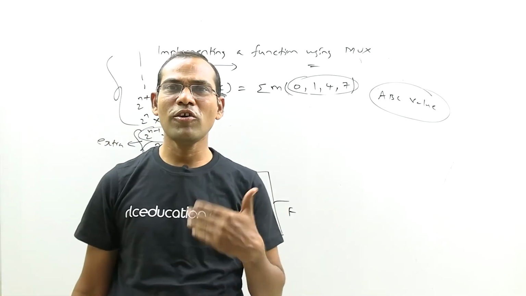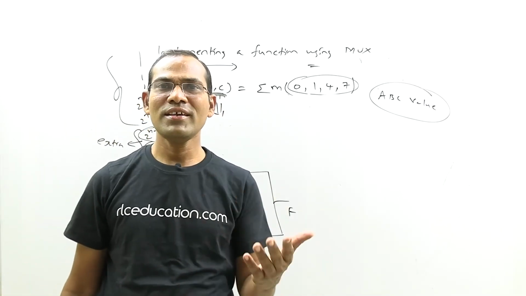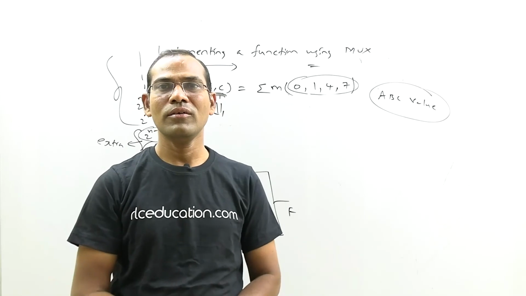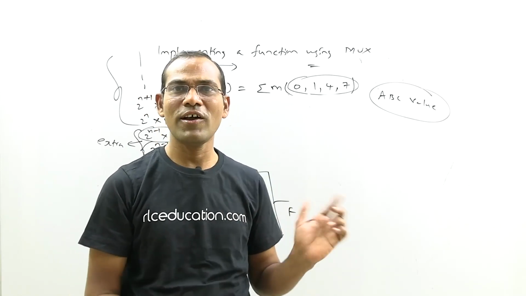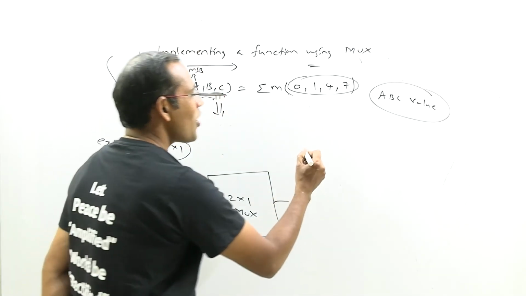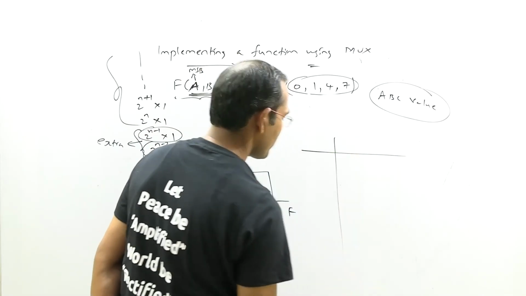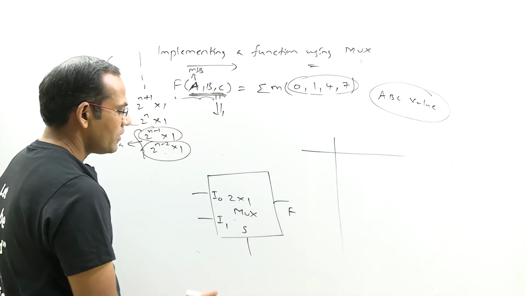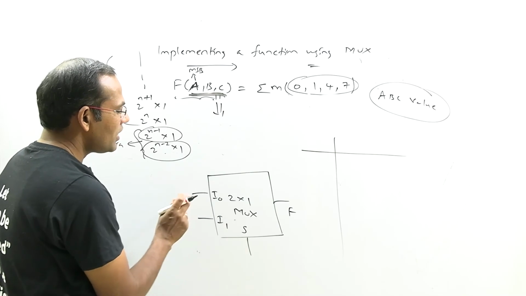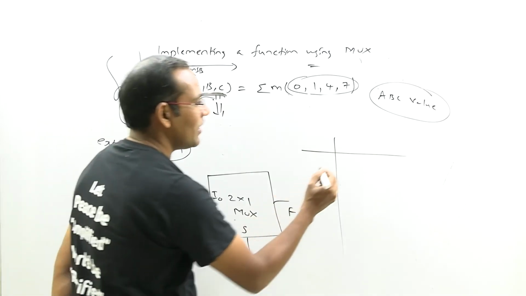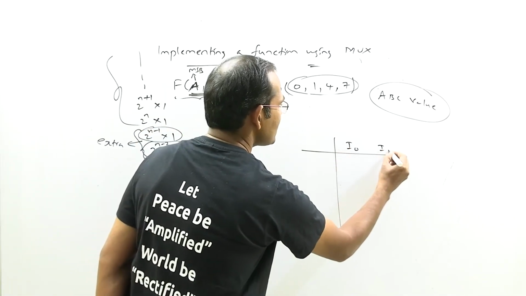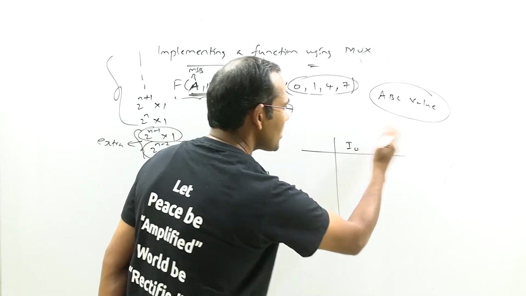The procedure we followed for 4 by 1 is we formed one table and we circled. Follow the same procedure. We form one table. Here only two inputs I want to find, I0 and I1. Always this side is the inputs I want to find.